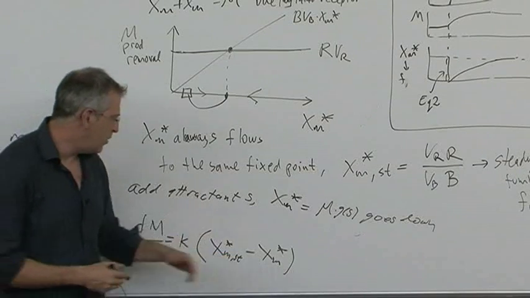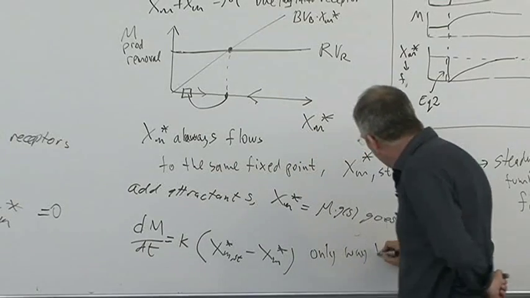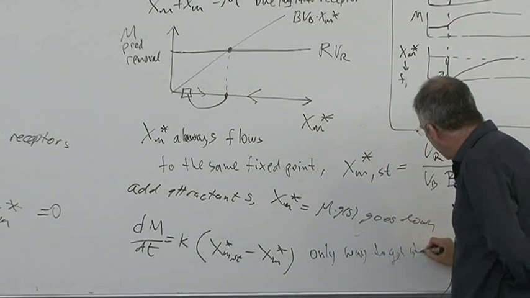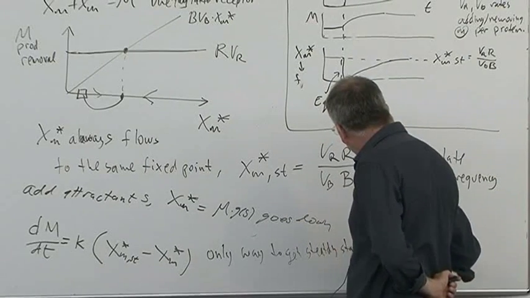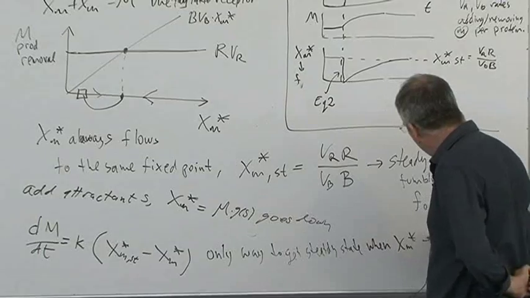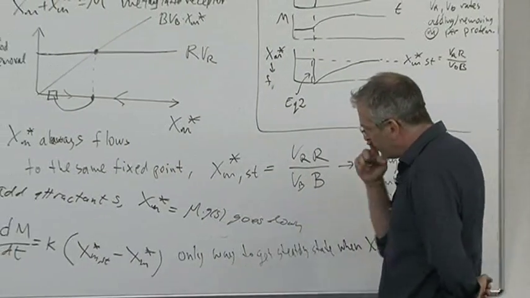But the only fixed point, the only way to get steady state, is when xm star goes to some fixed value. So it's locked in.